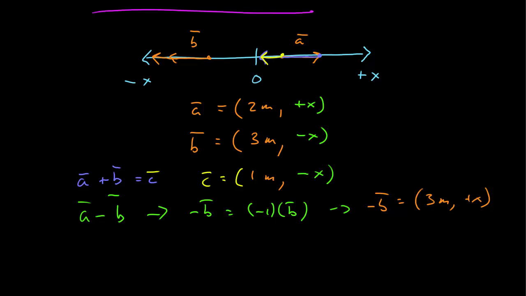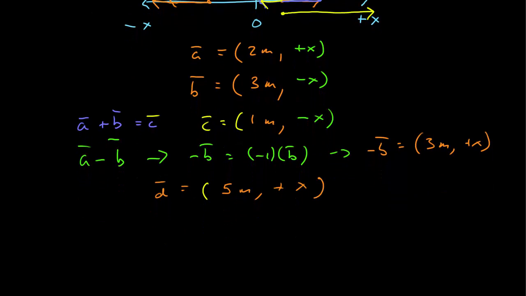So now if I want to add them using the tail to tip method again, I would bring the tail of negative B vector to the tip of A, and then the resulting vector from the tail of A to the tip of minus B, if we call that vector D, D is going to have a magnitude of 5 meters and point in the positive x direction.